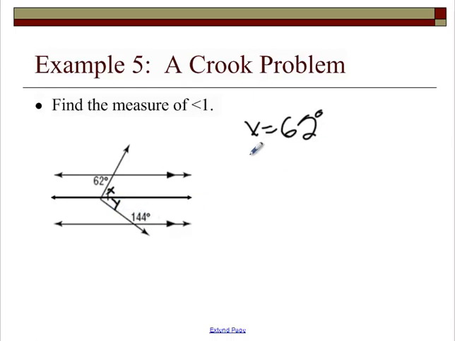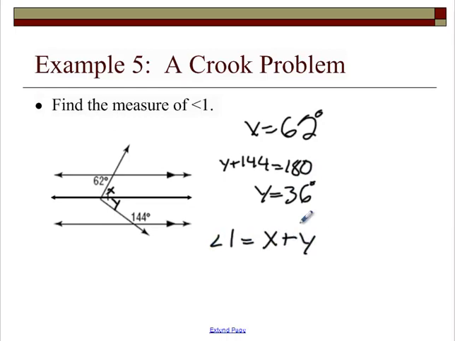Those are same side interior angles, which means y plus 144 equals 180. So that means y is 180 minus 144, or 36. Since angle 1 is the combination of x and y, that means angle 1 is 62 plus 36. So angle 1 equals 98.